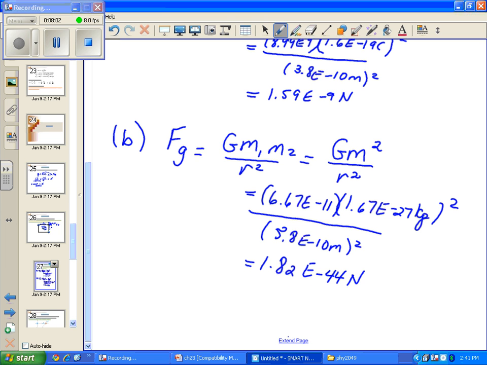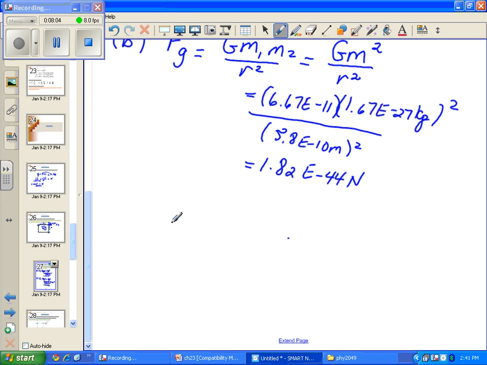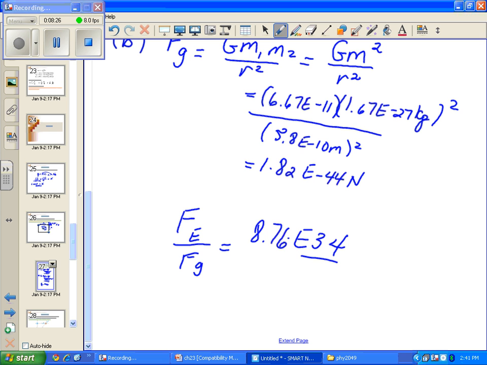And so now we're prepared to quantitatively compare these. How many times bigger is the electric force than the gravitational force? We take the value of the electric force divided by the value of the gravitational force, and we end up with a number which tells us that the electric force is nearly 35 orders of magnitude greater than the gravitational force.